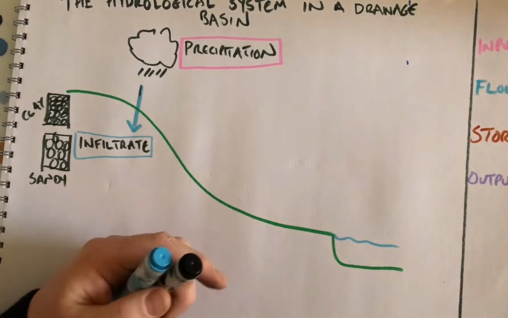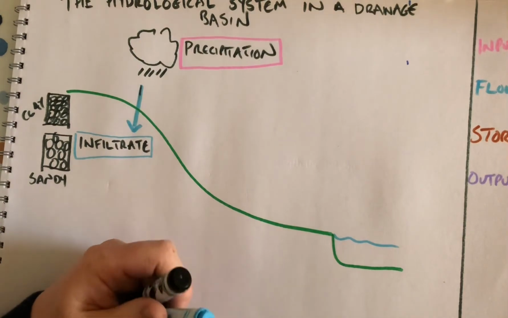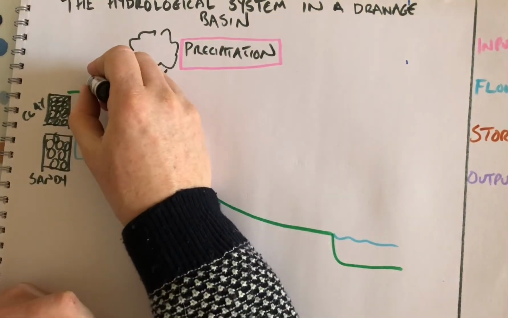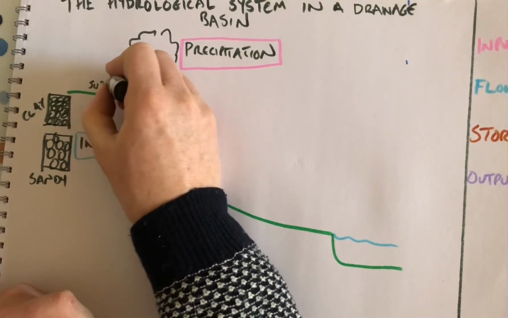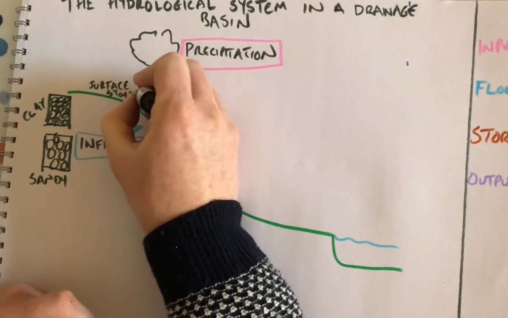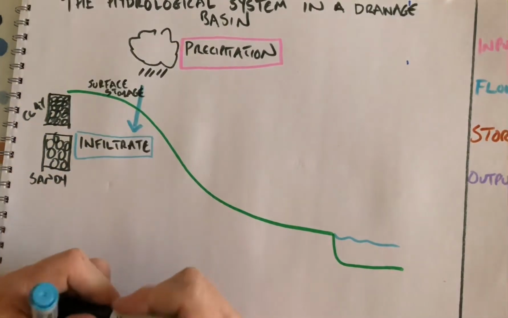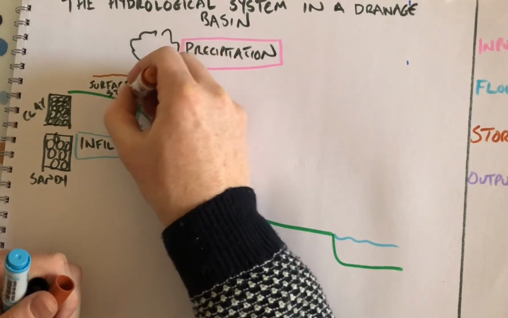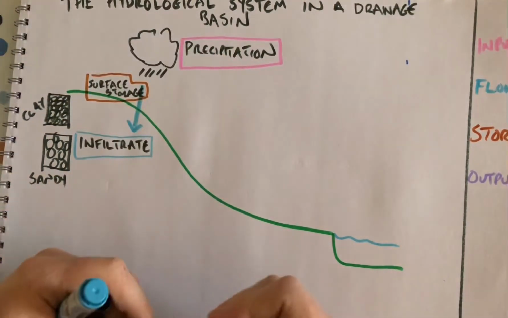So if water doesn't infiltrate along the surface, then it can go into surface storage. The technical term for that is a puddle or a pond or a marsh. It can be stored there on the surface.